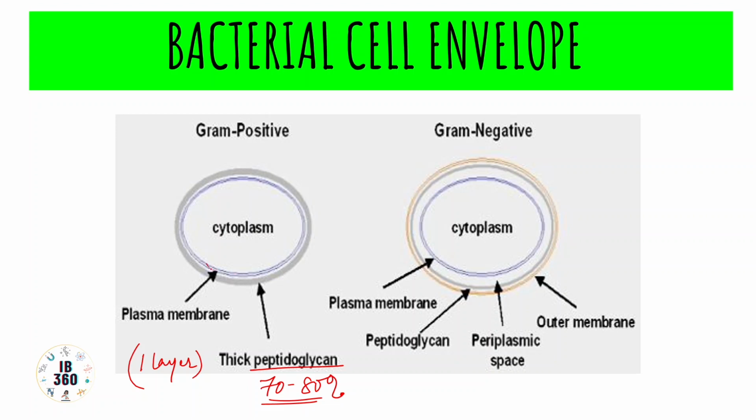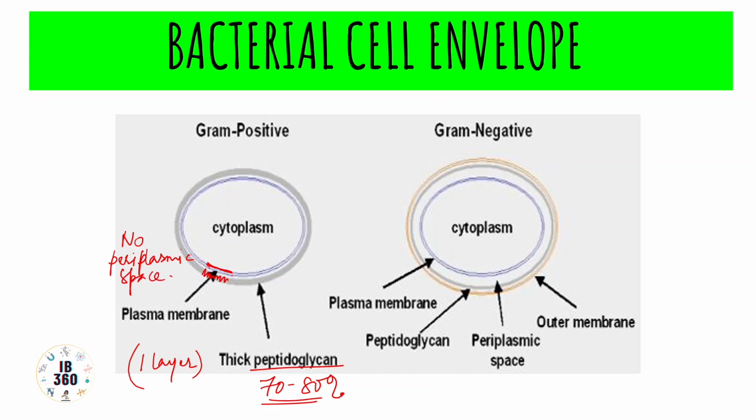This is the cell membrane, the plasma membrane, and this is the thick peptidoglycan. They have not shown the glycocalyx layer in both of these structures. Only the plasma membrane and immediately next to it the cell wall, and no periplasmic space. That is also important.